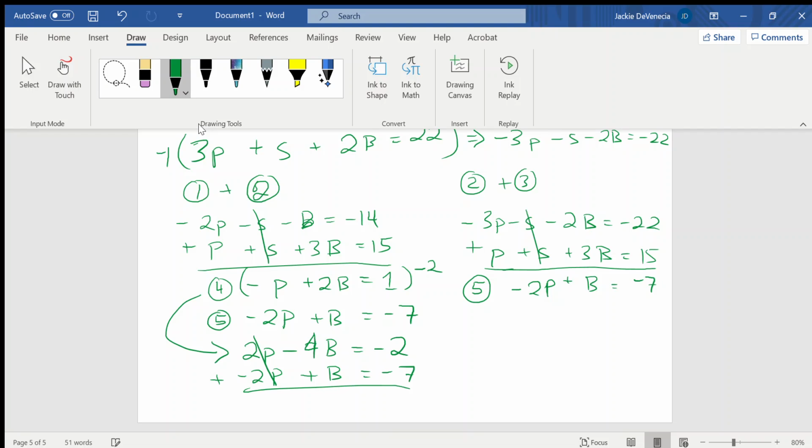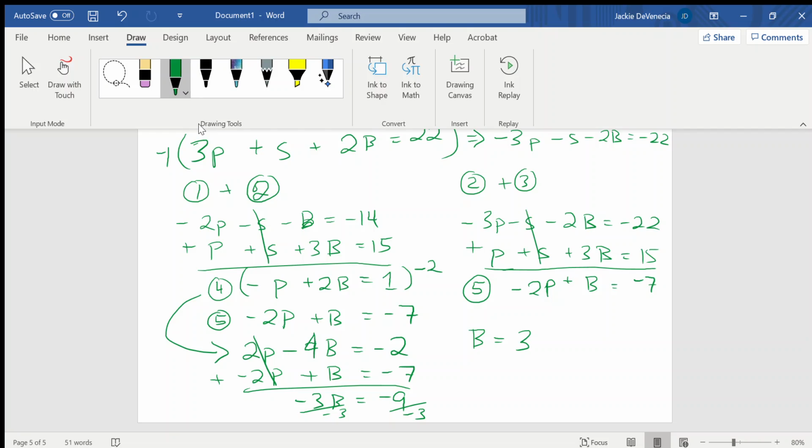So that goes away. Negative 2 and negative 7 becomes negative 9. Negative 4b plus b, this becomes a negative 3b. We can get b by itself if we divide both sides by negative 3, and b is equal to 3.